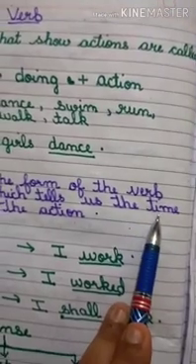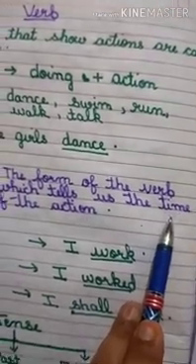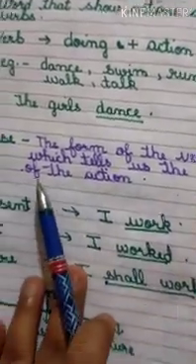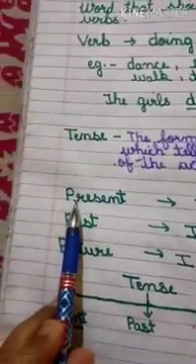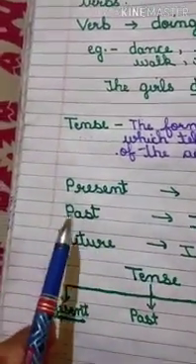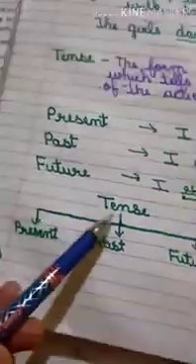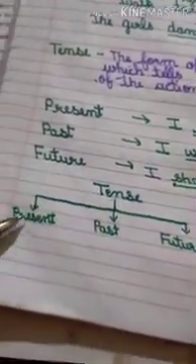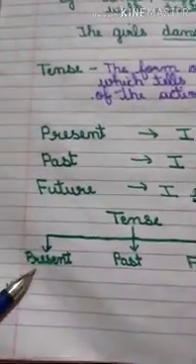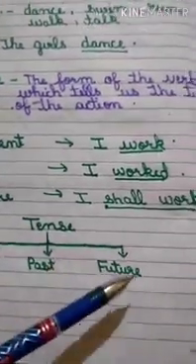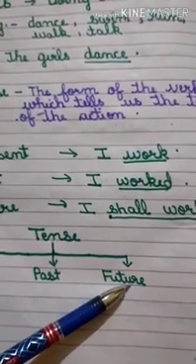What do we mean by time? We mean the present, the past and the future. So tenses are divided into three groups: present, past and future.